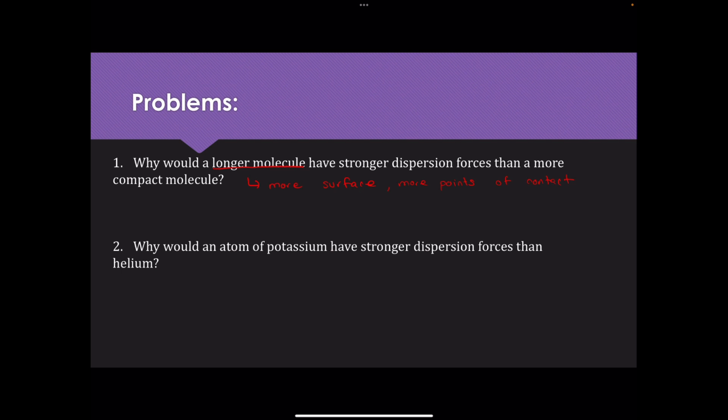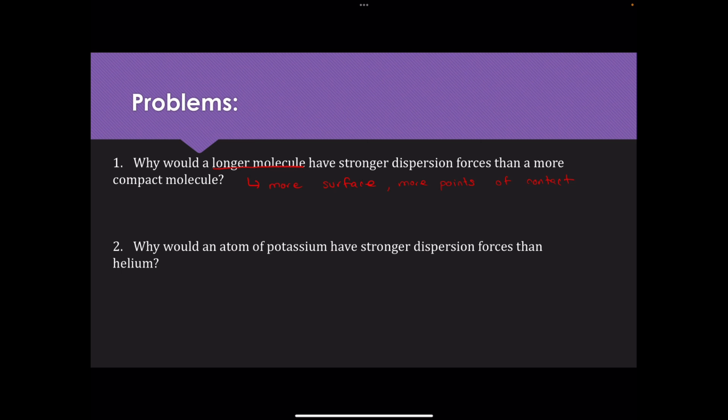If you use larger pieces of tape, it gives you more surface area, more points of contact between the tape, the poster, and the wall. And therefore, you get that stronger attraction, a better ability to hold. Same is true for molecules. The larger the molecule, the more surface area we have, the better ability those particles have to stick.